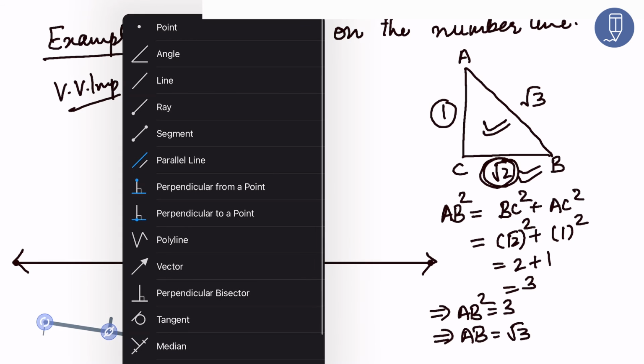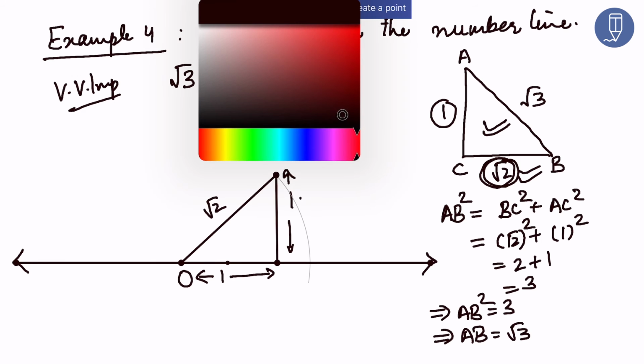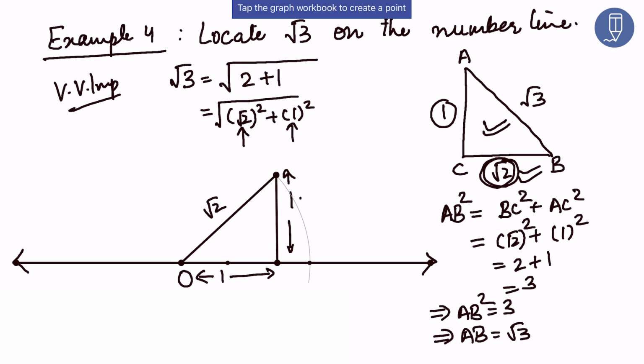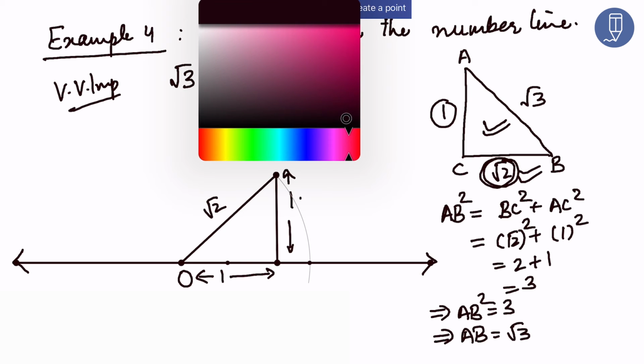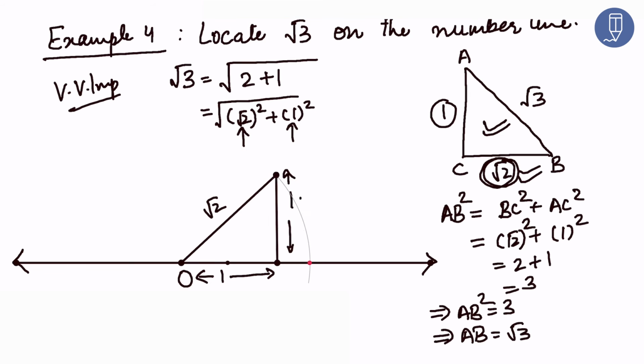The point which we get here, this distance from here till here, is square root of 2. Now we have square root of 2 with us on the number line.